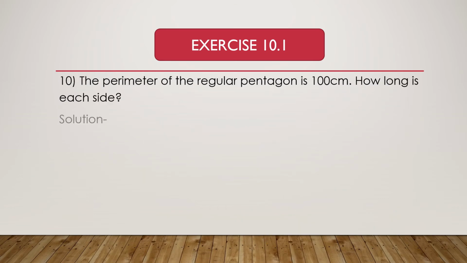Now question number 10. The perimeter of the regular pentagon is 100 centimeter. How long is each side? Pentagon has 5 sides.